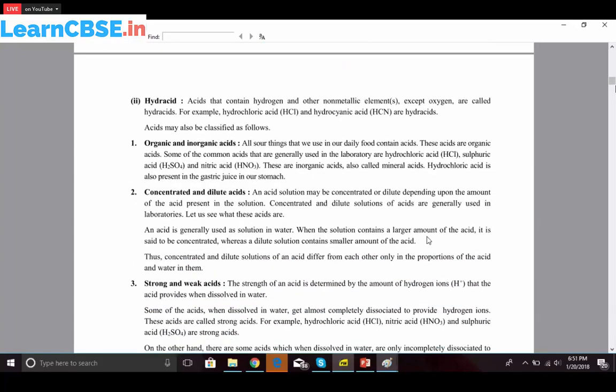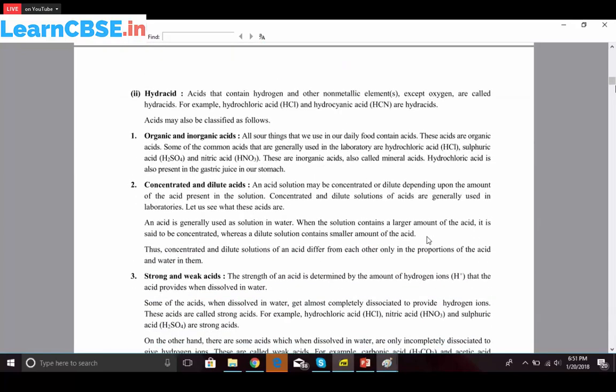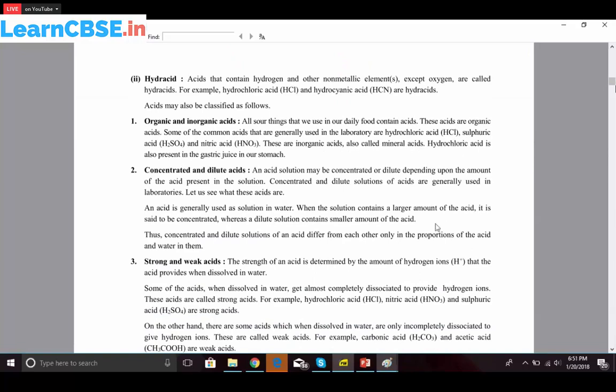Again, acids are classified as organic and inorganic acids. Organic acids are those derived from nature that we use in our day-to-day life, such as citric acid.